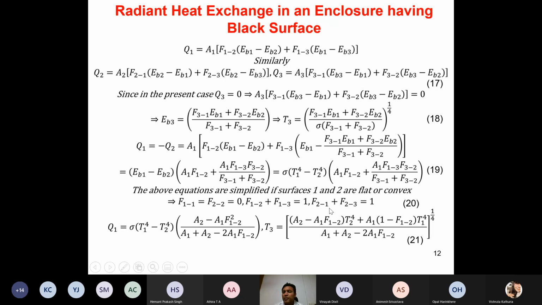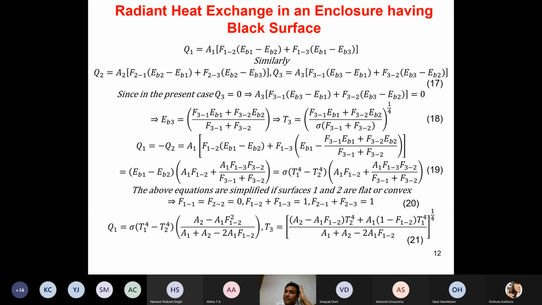So the simplified equation is F21 plus F23 equals 1. And again in this case we can find out F21. That becomes 1 minus F23, and F21 then we can convert in the form of F12 by using the reciprocal relation. So the reciprocal relation in this case is going to be what?